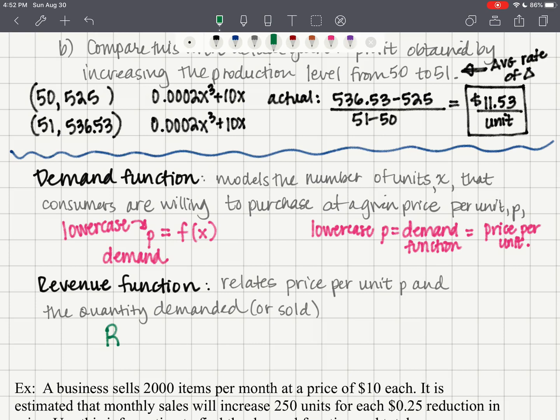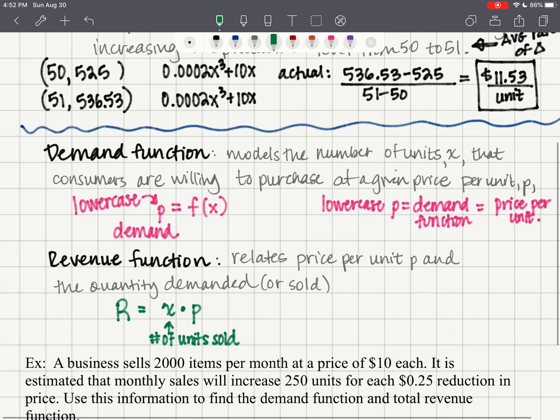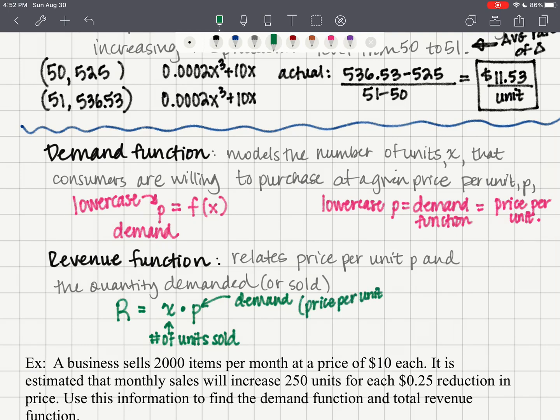So your revenue is equal to the number of units sold times the price per unit, lowercase p. Now we also call that price per unit demand. So that's the price per unit that people are willing to pay.